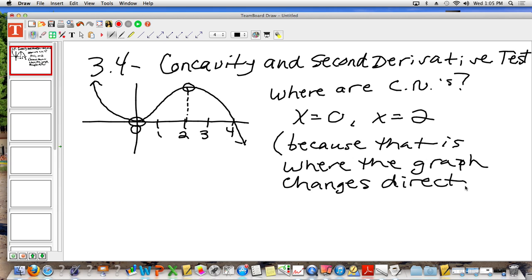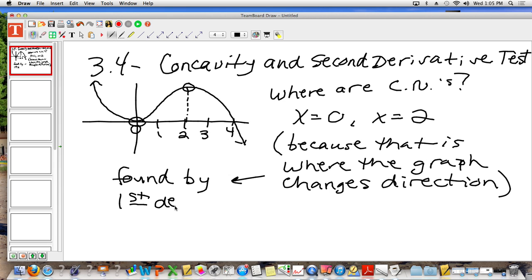Very good. Where the graph changes direction. And we always found this by using, what did we do to find those critical numbers? Okay, put what equal to 0? We found the critical numbers by, we had to find the first derivative.